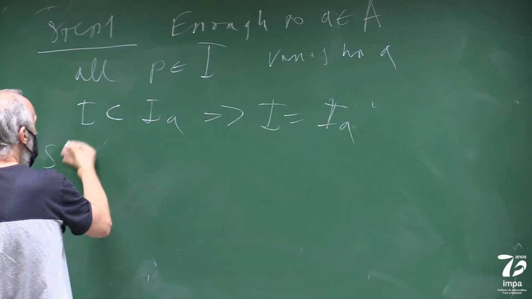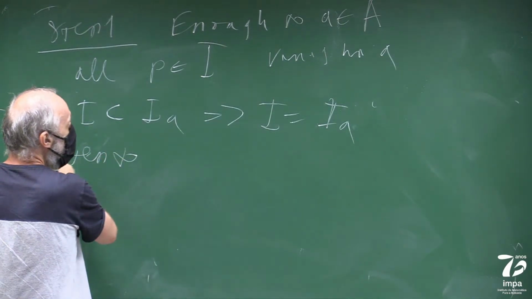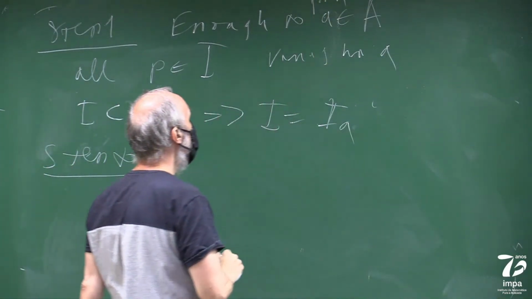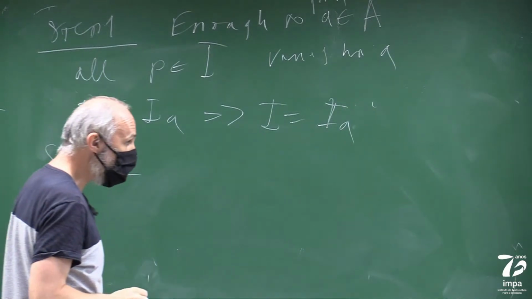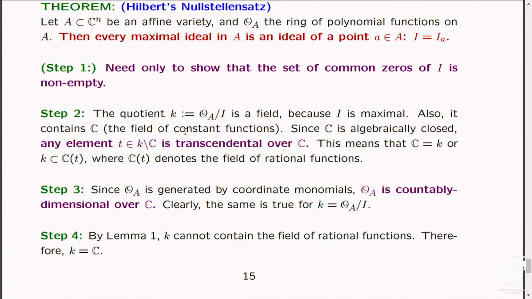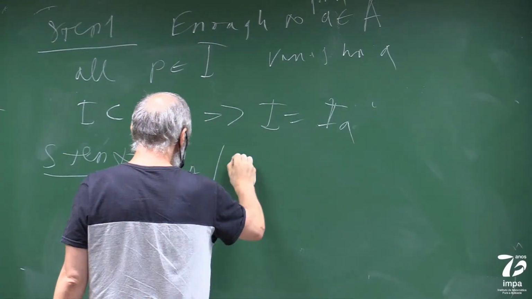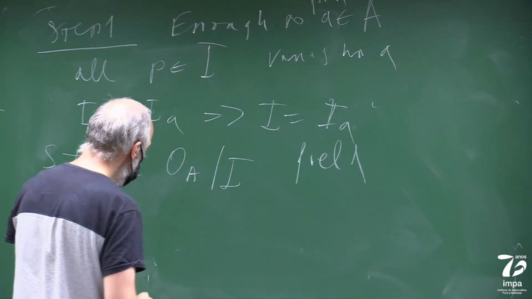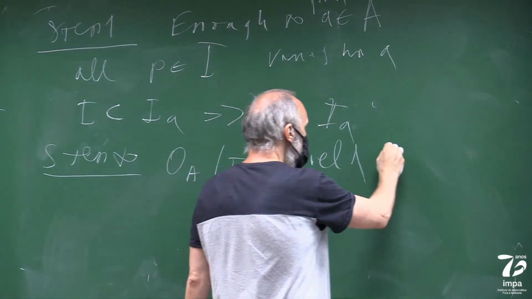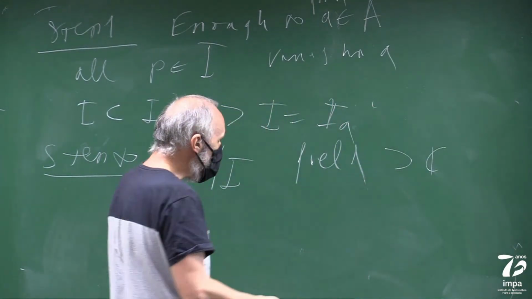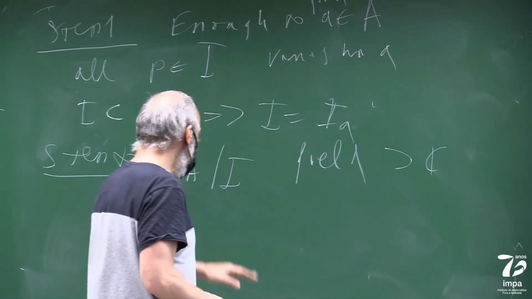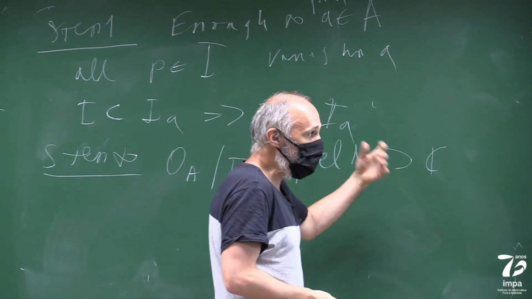Step two. OK, so we know that the quotient, O_A by I, is a field, which contains C. Because it's a field which is also a vector space over C, you take unity, you multiply it by elements of C, and obtain C inside this field.